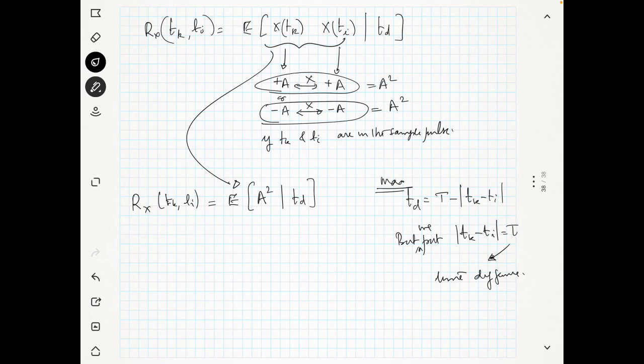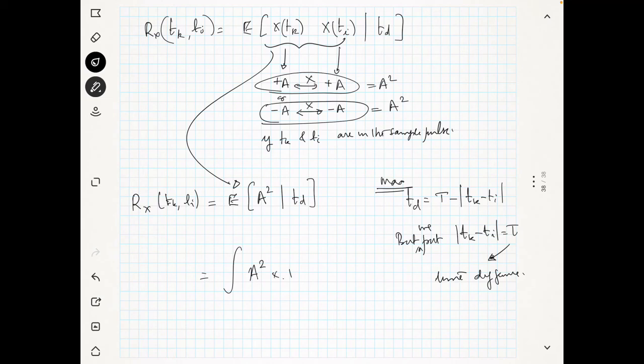So A square is a constant, and we will say like this: you have to find the expectation, A square into the integral over td. That means what is the distribution for td?